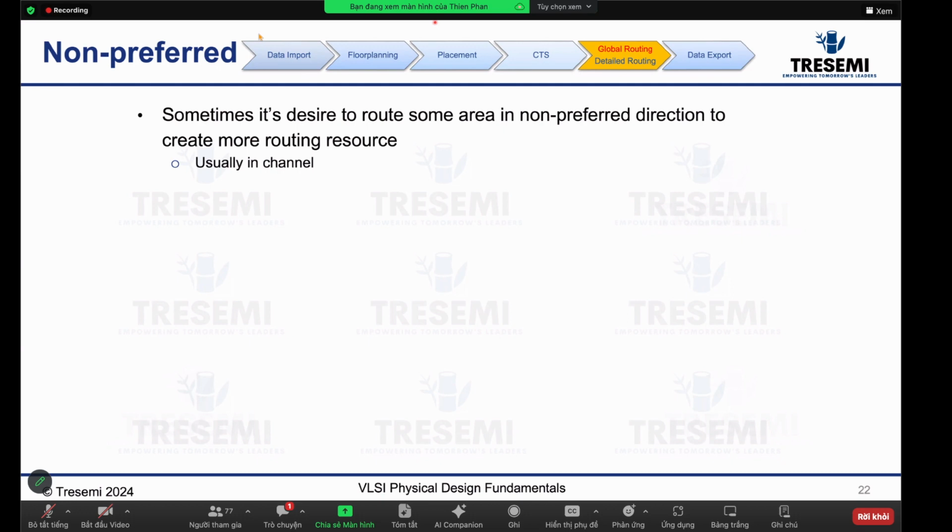Use the non-default. So the tool is able to use that to our advantage, right? We double the number of resources for either the horizontal or vertical channel, because the other direction we don't need anyway. In a channel you go straight, up and down, or left and right, right?